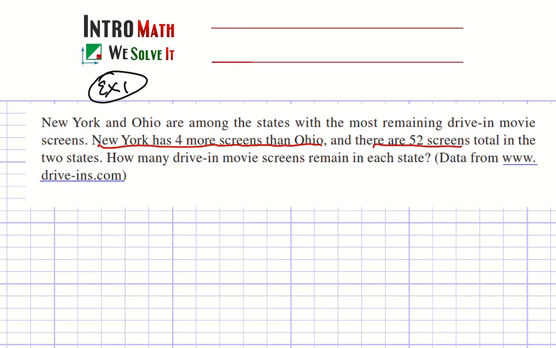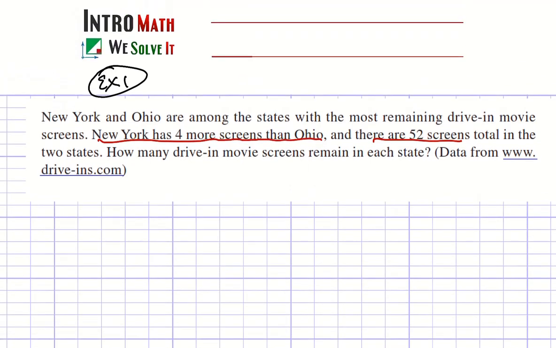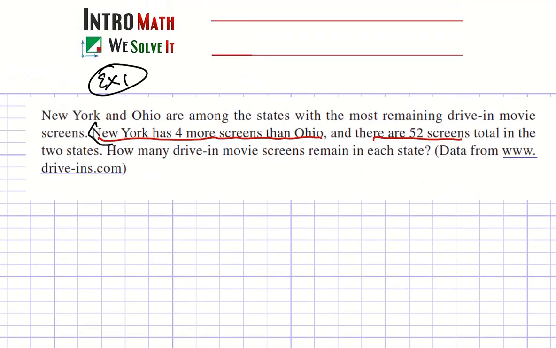So the best thing to do is, because you see that's a comparison right there. It compares how many screens are in Ohio with what is in New York.